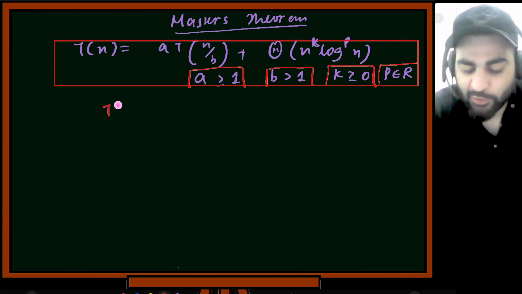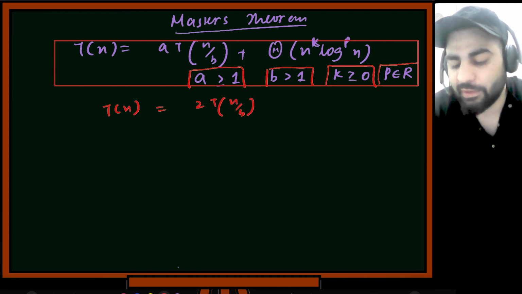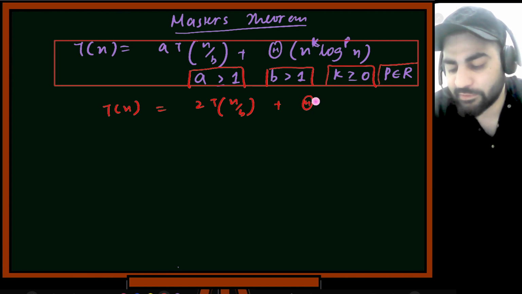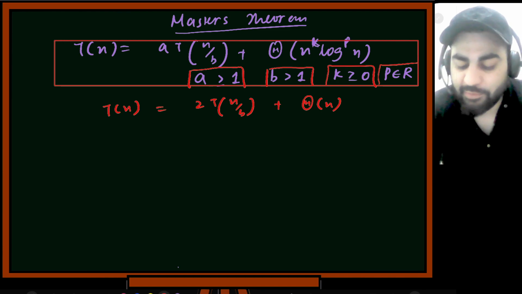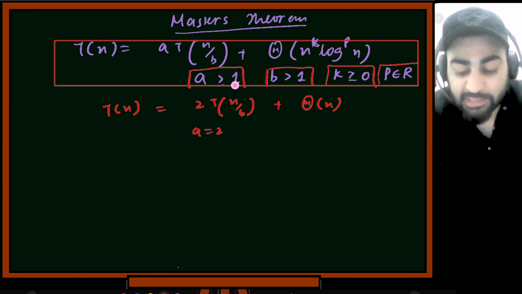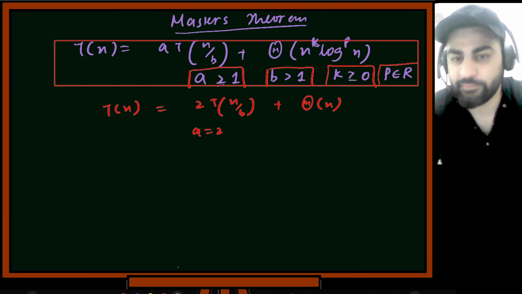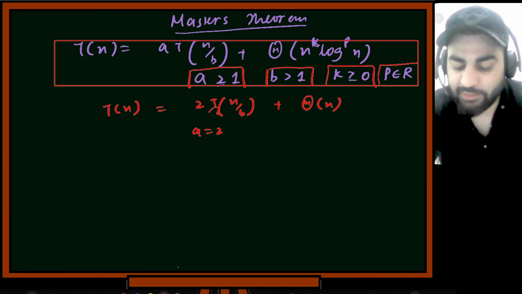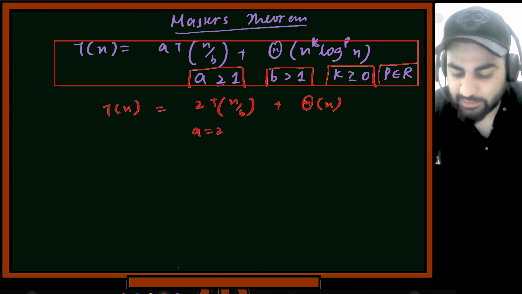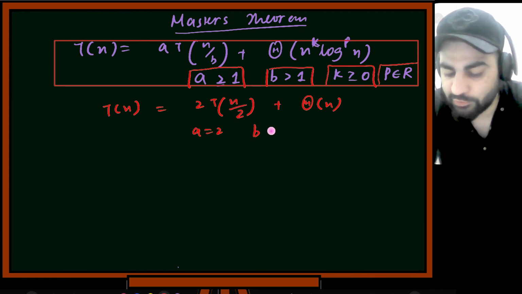If I write T(n) = 2T(n/2) + theta(n), let's suppose, is it in the form of the master's theorem? Yes. Why? Because here a is equal to 2, and a is greater than or equal to 1. Here it is n/2, so b is equal to 2, and b is greater than 1.